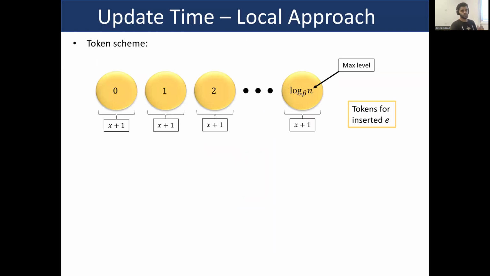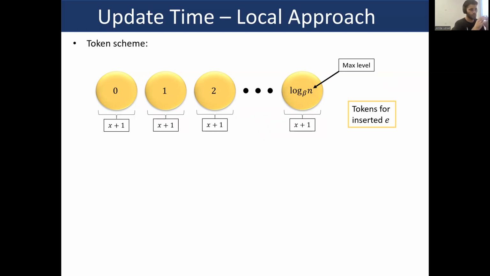So we'll use a token scheme. Each element that is inserted will receive (x+1) times log base beta of n tokens. We won't go into the details here due to time constraints, but each element can only be covered at log base beta n levels.